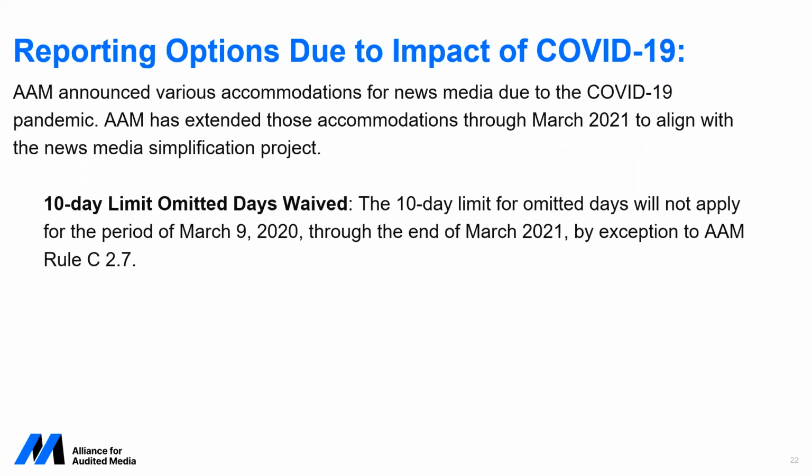We did modify and simplify some of the rules for you. One of them is that the 10-day limit on omitted days has been waived. It used to be you could only omit 10 days per calendar year. That was available in September, and we have expanded it through your March 2021 filing period.